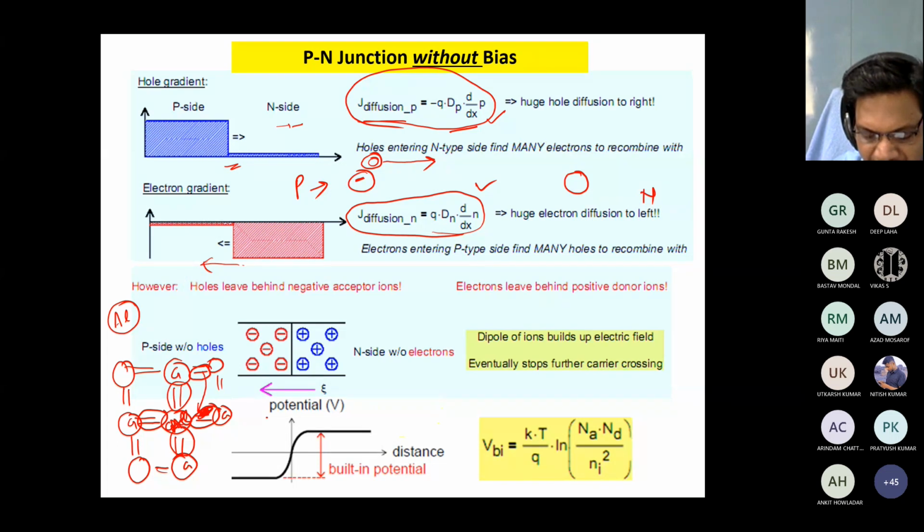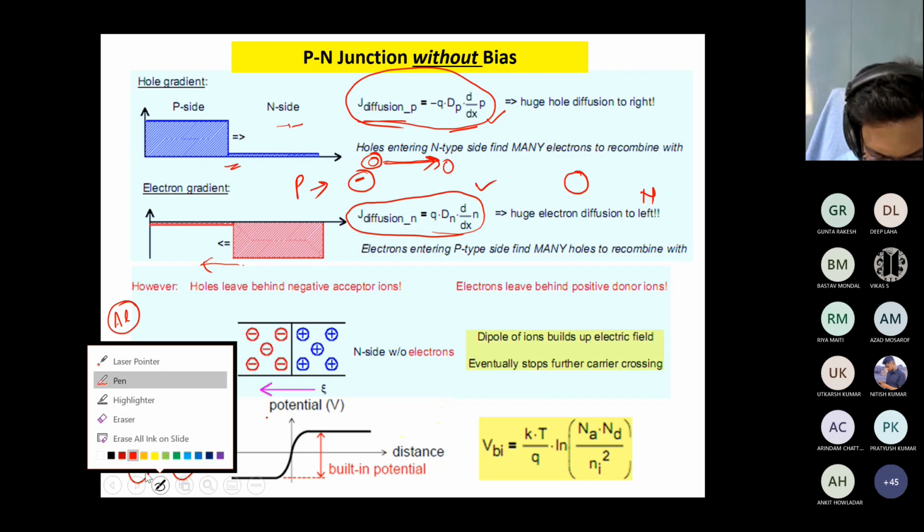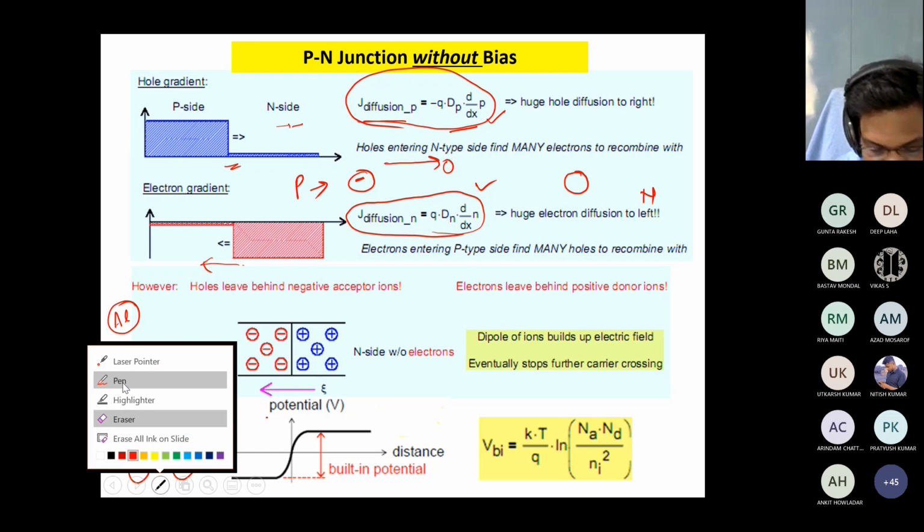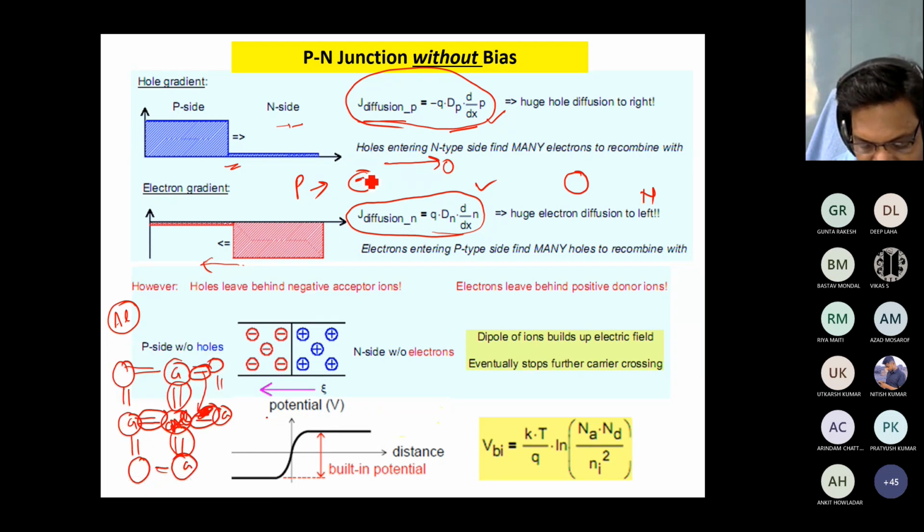Yes, sir. Now whenever these holes move towards the n side, what is left behind in the p side? You tell me. The ionized acceptor atoms are left behind.